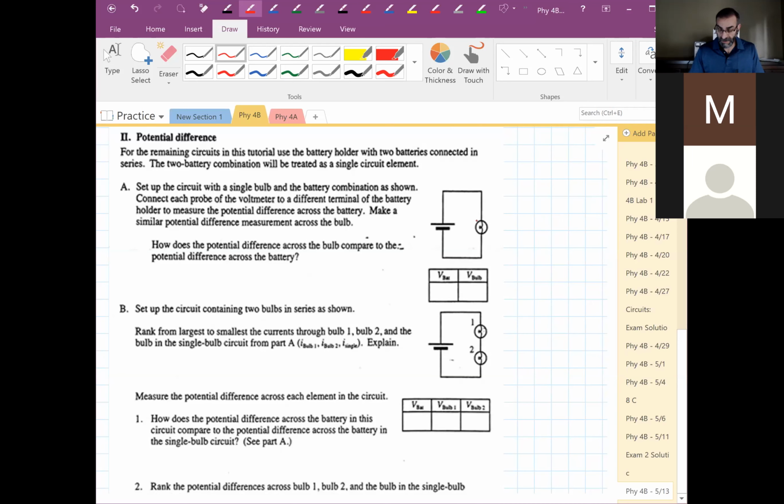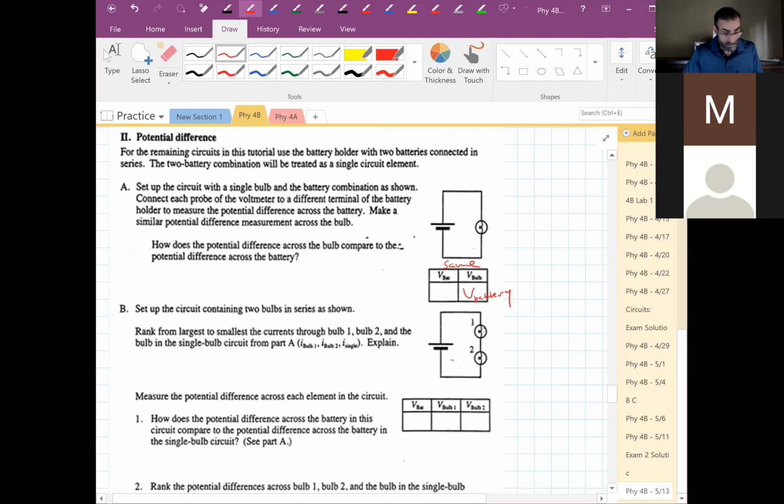It's V battery, right? Okay. Then it says we've got these two bulbs, 1 and 2.